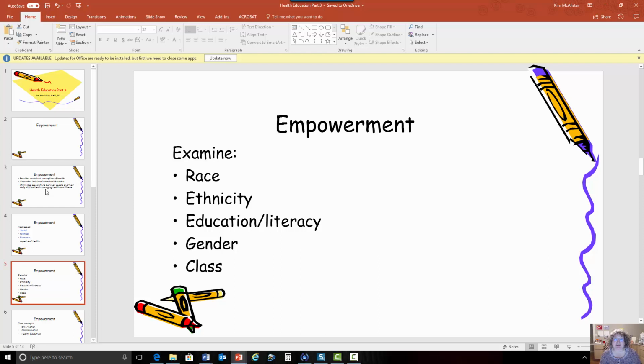A lot of brochures and information that we hand out to patients are written at college level and beyond, and information should not be written at that level for the average population. So we need to make sure that they have information, and they have information that they can actually use and benefit from. We also want to look at gender.